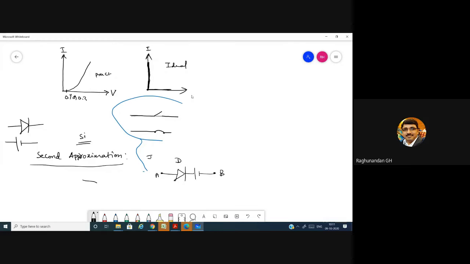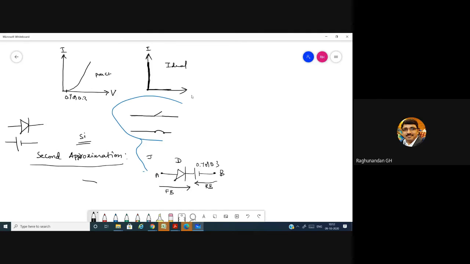Just now I told, ideal diode, which doesn't have any drop. So if the current is flowing like this and the voltage is greater than 0.7 or 0.3, then the diode is going to be forward biased. If this is reverse biased, then the current will be flowing in the opposite direction. In forward bias, current will flow like this. In reverse bias, it will flow like this.